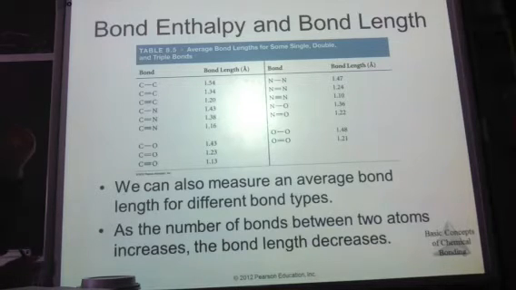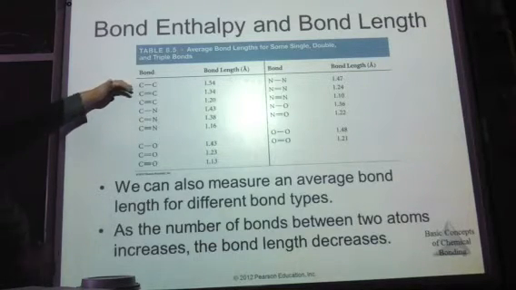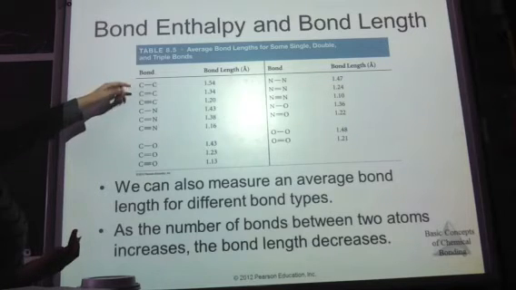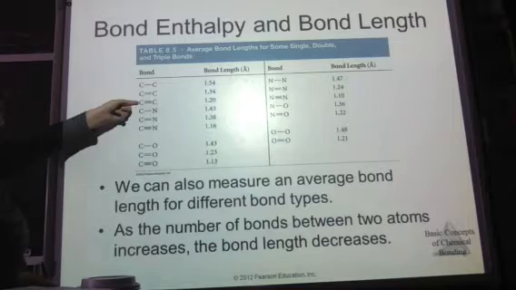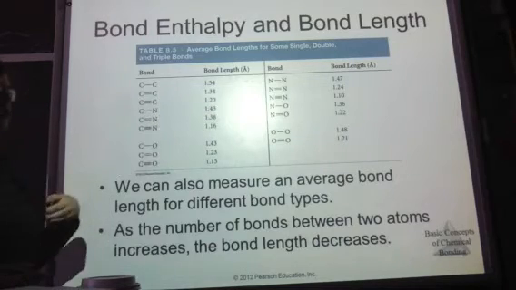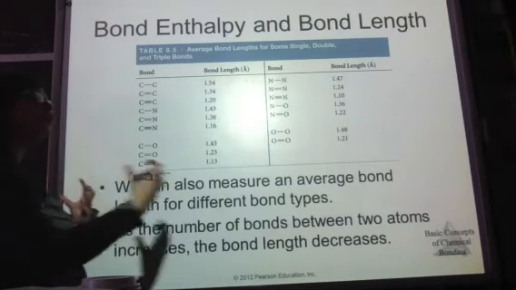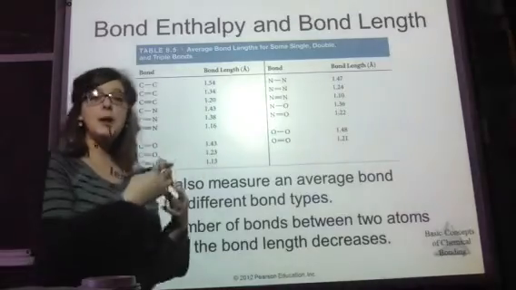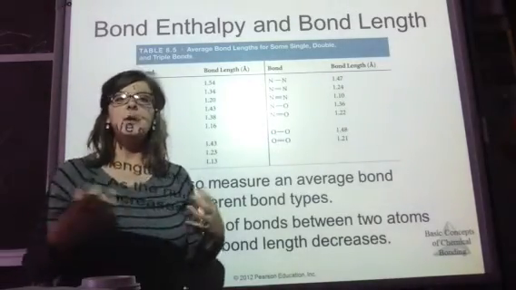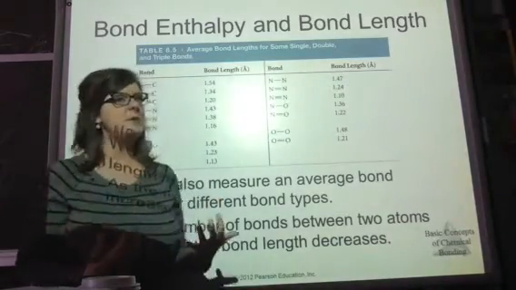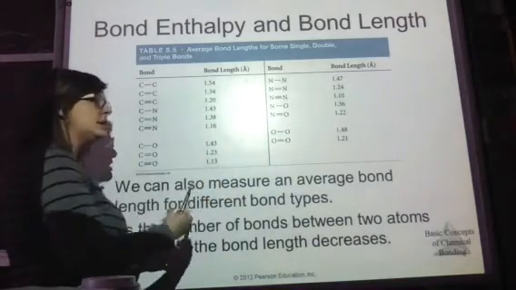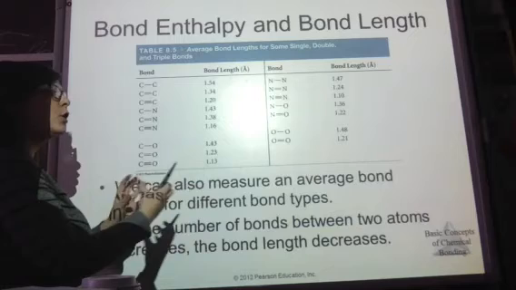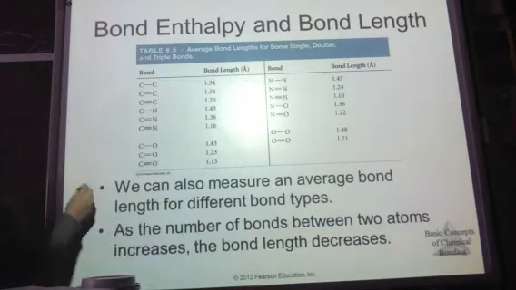So I know that my single bond is going to have a much larger bond length than if I look at my carbon-carbon triple bond. That bond length is much shorter. And let's think about that. They're sharing more sets of electrons, meaning that the attraction between them is going to be much greater. So it should make sense that the bond length would decrease as the number of shared electron pairs increases.